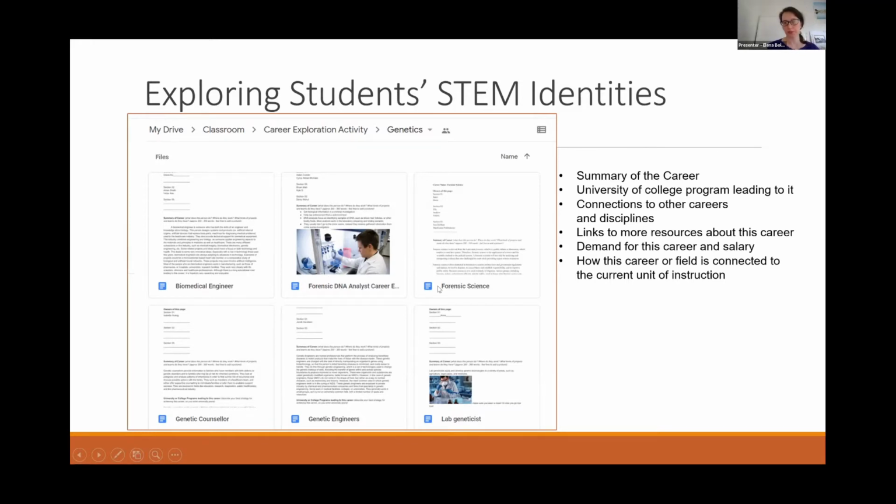So they created a document, for example, on the job of biomedical engineer, and they addressed the points that I added here. And students from a different cohort could also join this document and also contribute to it. So they were adding more information to this document and had discussions. And so they were adding more professions, more parts of the document here addressing these points.